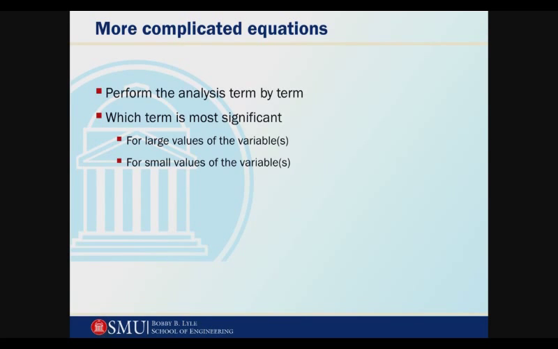For large values of the variables, probably one term is going to outweigh the others. And for small values, it'll probably be a different term of the equation. So for small x or small t, which one wins? And for large x, large t, which one wins? Again, there's a little bit of a competition going on for the voices of the components of each term of those equations.